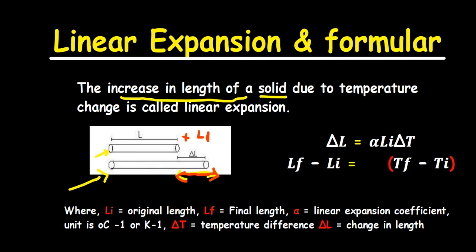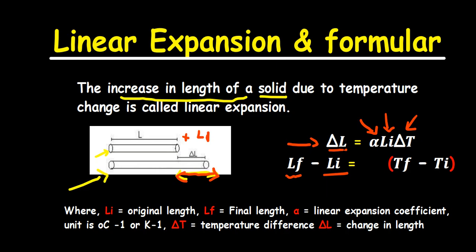When we are finding this linear expansion, we use this formula that I've written out on the right. The change in length is equal to alpha multiplied by Li multiplied by the change in temperature. This change in length is just the final length minus the initial length.